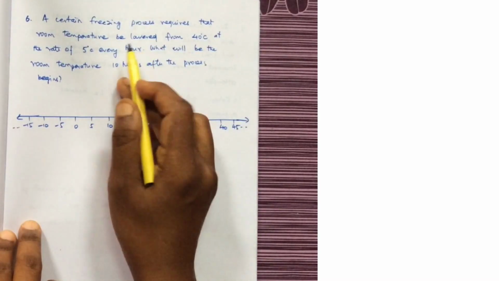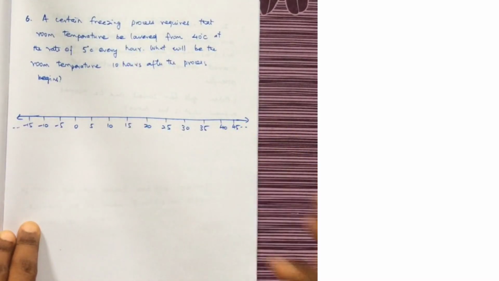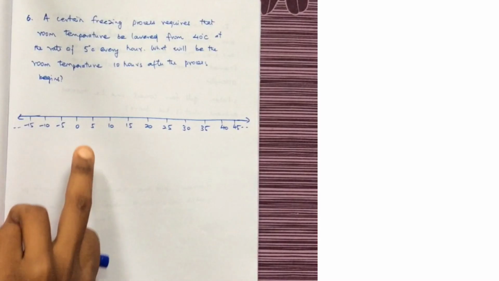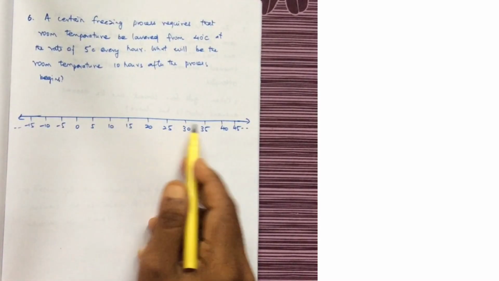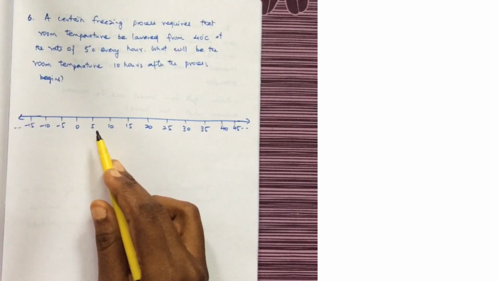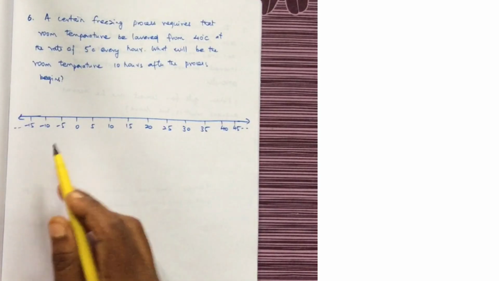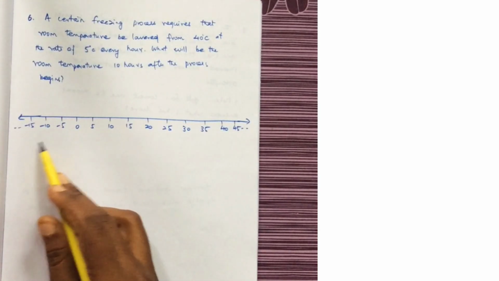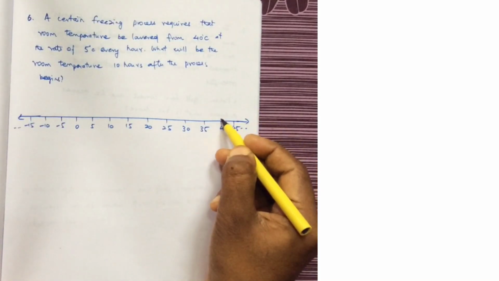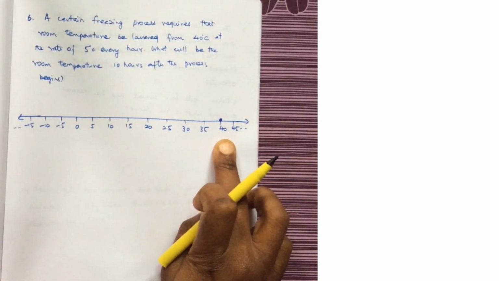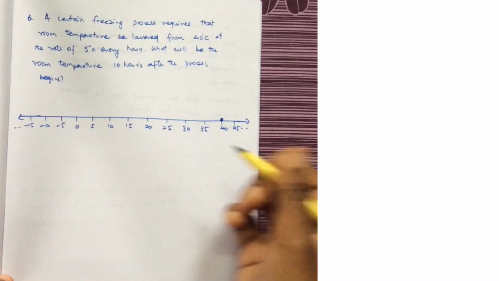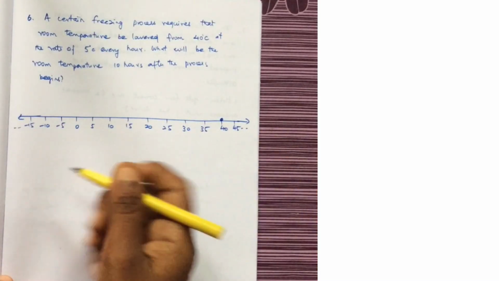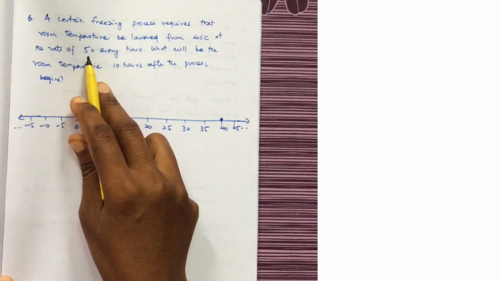So the temperature was 40. Here is a number line. I marked 0 here, and each step is 5 degrees Celsius. So it is 5, 10, 15, 20 this side, and here it is -5, -10 and -15. Here it is 40, initially the temperature is 40. For every 1 hour it is reduced, so I have to go in this direction, reducing by 5 degrees Celsius.